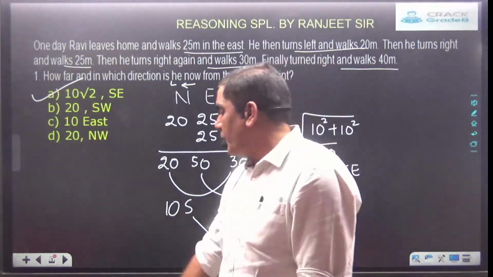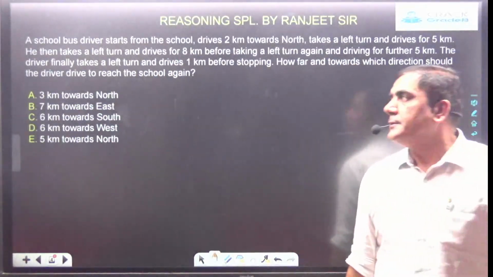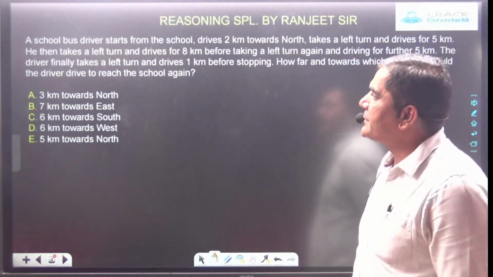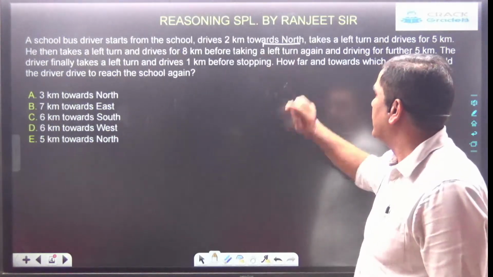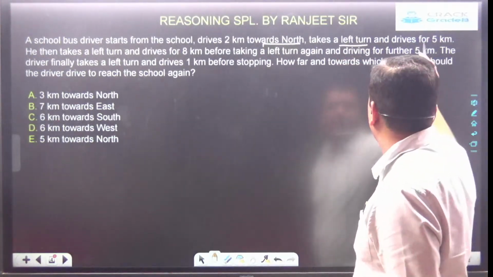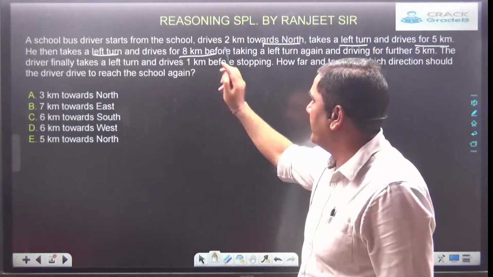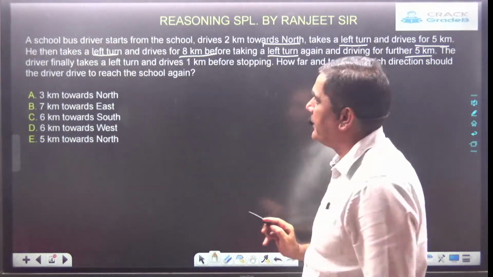Okay. Let's go for question number 2. This says a school bus driver starts from the school, drives 2 kilometers towards north, then takes a left turn and drives for 5 kilometers. Then he takes a left turn and drives for 8 kilometers, before taking a left turn again and driving a further 5 kilometers.